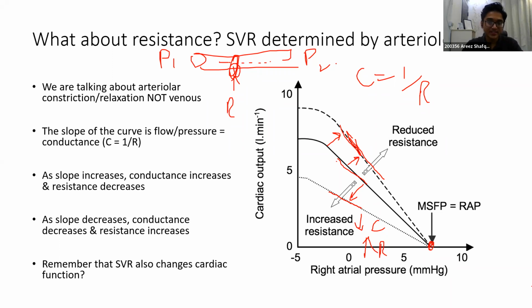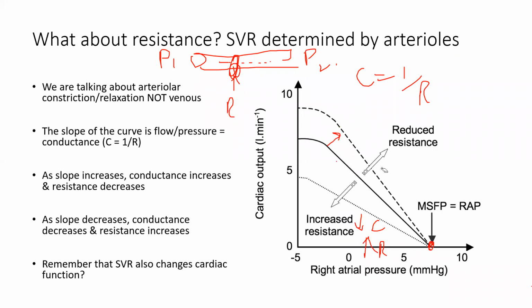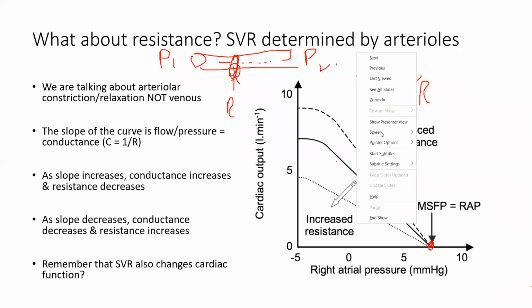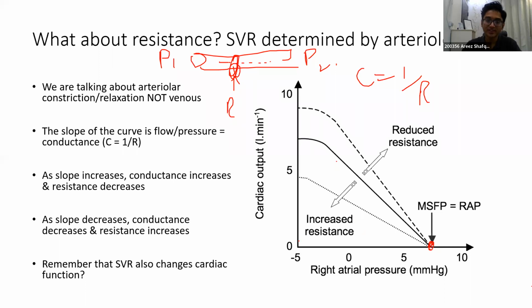Quick question. In the graph here, when the right atrial pressure increases, cardiac output decreases. Is that because not as much blood is returning from the veins because of the pressure gradient? Yeah, so I told you that venous return determines cardiac output. If I draw this curve here, this is the cardiac function curve.